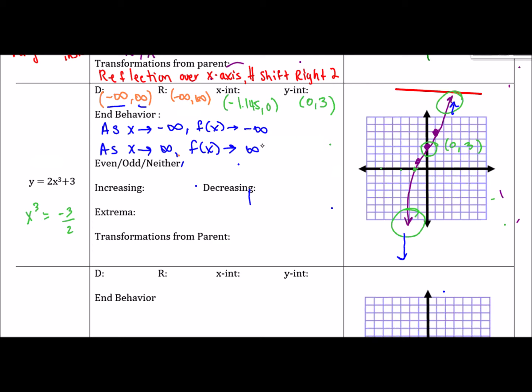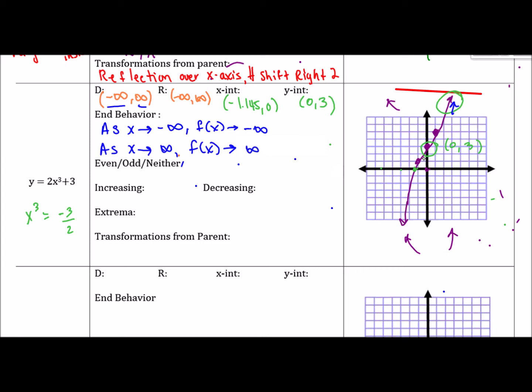Okay, this graph right here, even, odd, or neither. Well, let's examine it. If I were to fold this graph on top of itself, as far as down the middle, would it match exactly? No, this portion over here on this side would now be on this side, right? And this portion would now be on this portion, and that would be completely backwards. So it is not even. If I took this function and I held a pin right here in the middle and I turned the whole thing 180 degrees, would I get the same picture?